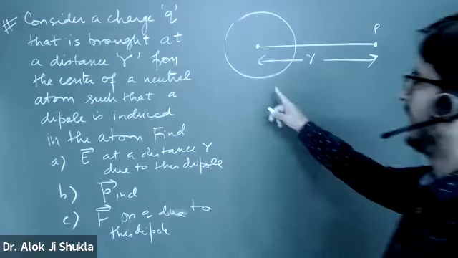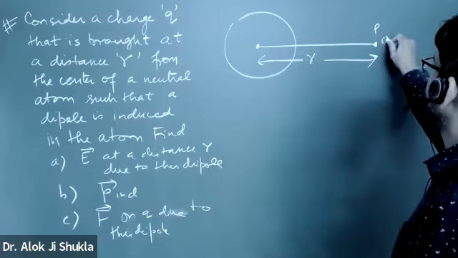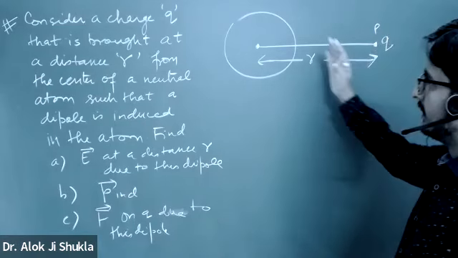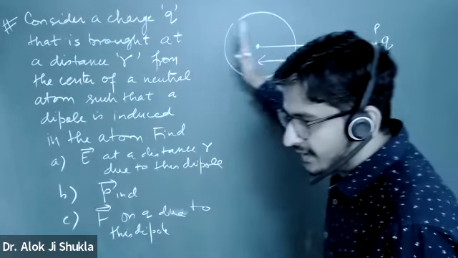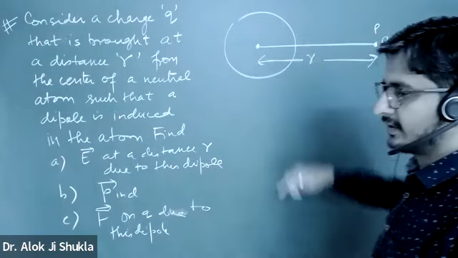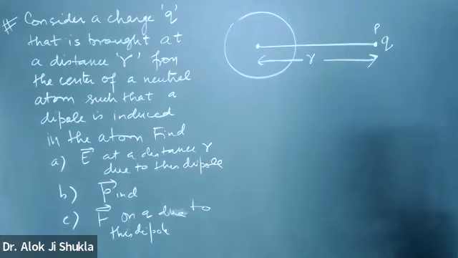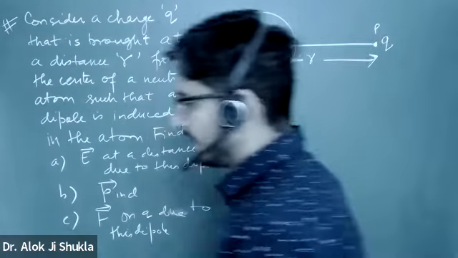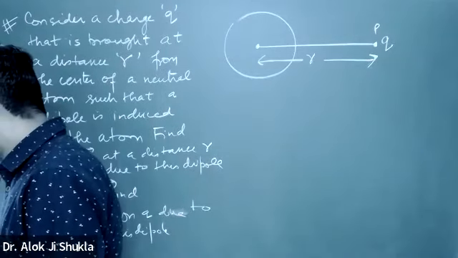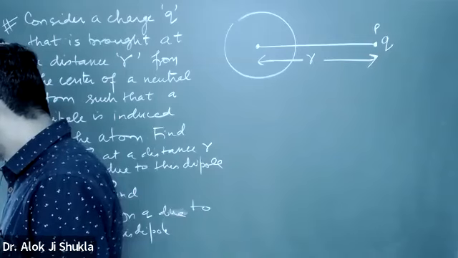So this is neutral atom. Here, as soon as you put charge Q, what will happen? So this positive charge will be pushed this side and negative charge will be pushed this side. Yes or no? Yes, sir. So consider a charge q that is brought at a distance r from the center of a neutral atom such that a dipole is induced in the atom.